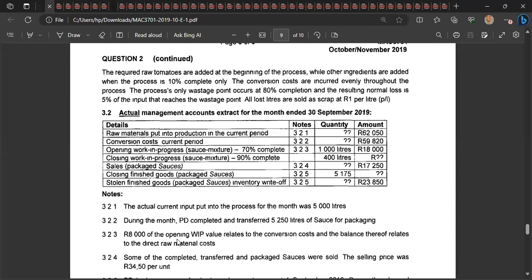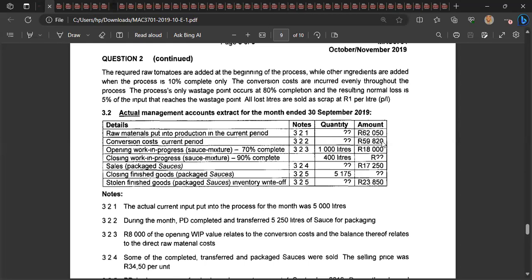Now let's deal with the current period. Raw materials put into production in the current period are worth 62,050, and the conversion cost for the current period is going to be 59,820.